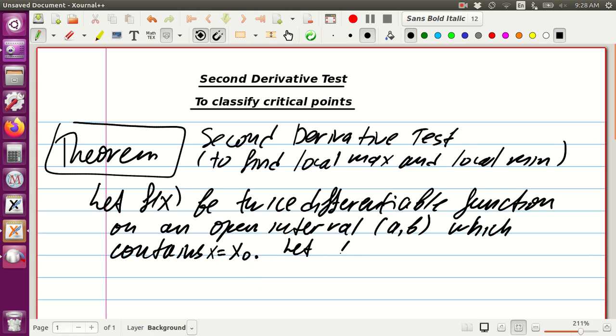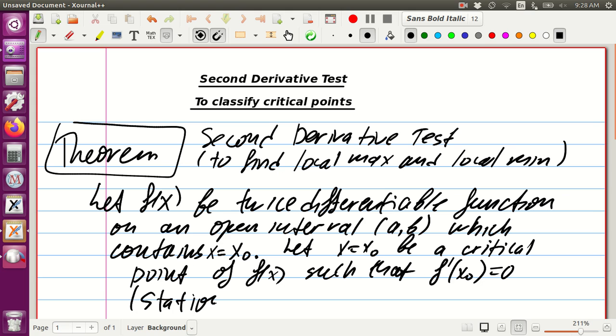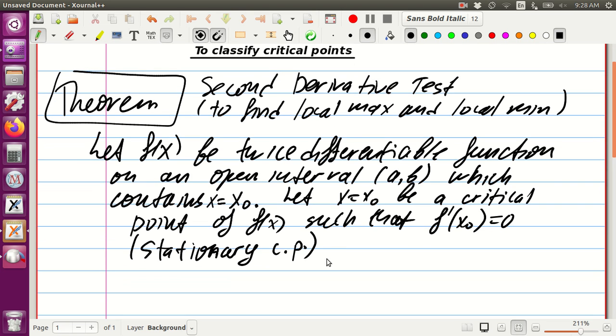Let x equal to x sub 0 be a critical point of f of x such that f prime at x sub 0 is equal to 0. So those points we call stationary critical points. All right, then the outcome says the following.